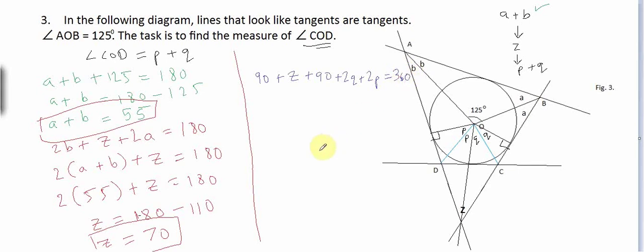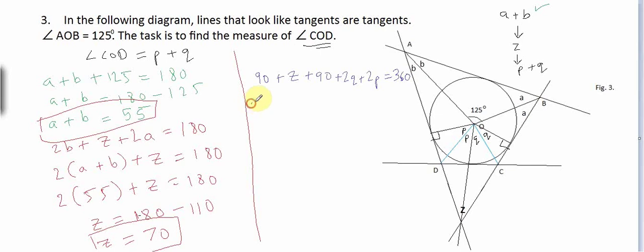The sum of the angles of a quadrilateral is 360 degrees. So now in this equation P plus Q can be found because we know Z.